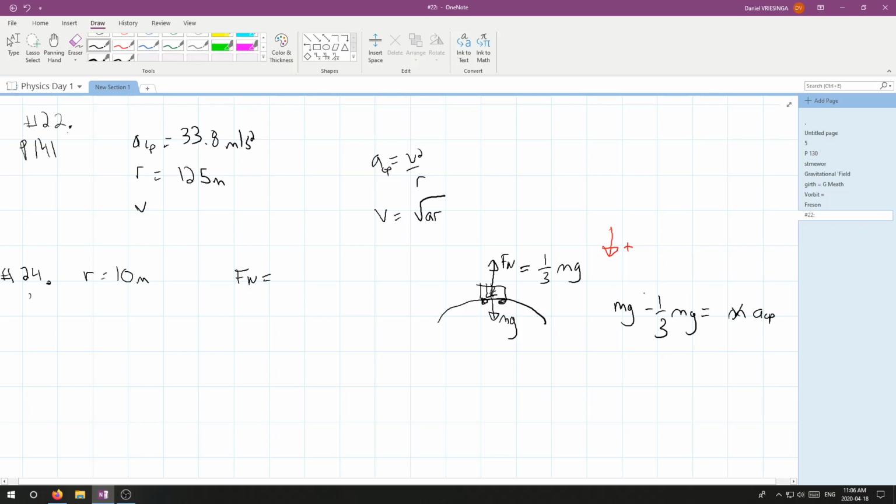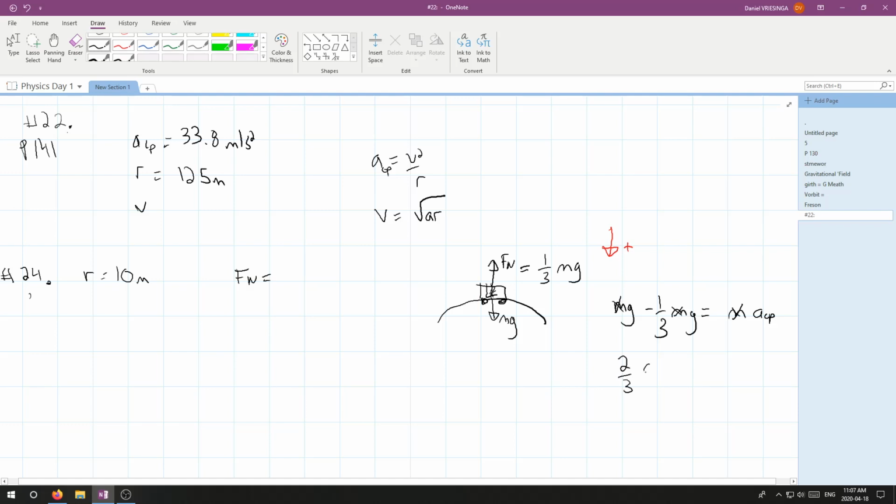And so the masses cancel, which is important. It doesn't matter how much you weigh on the roller coaster. Skinnier people don't feel way lighter than a heavier person would feel. That would be unrealistic.